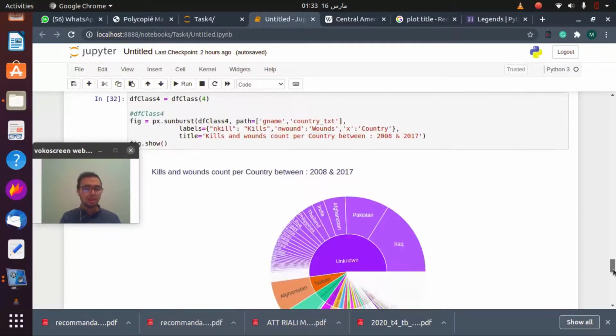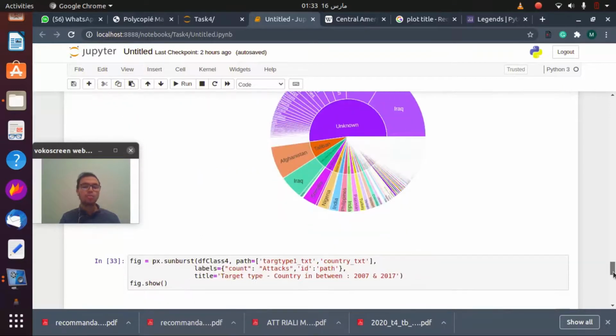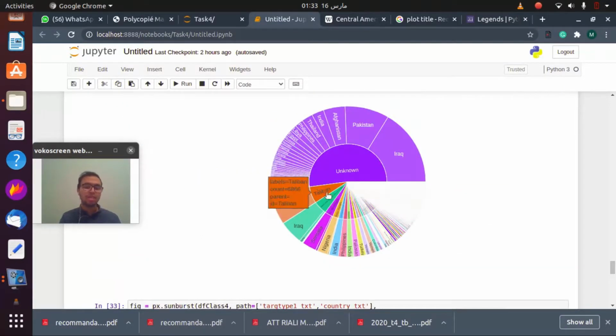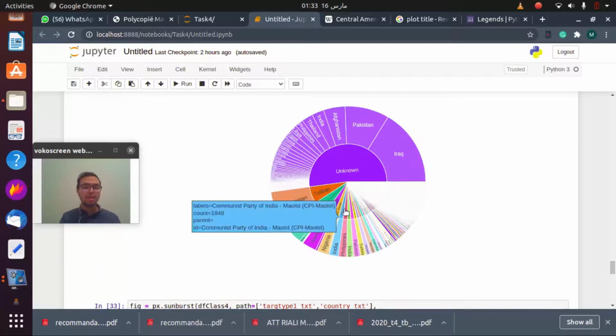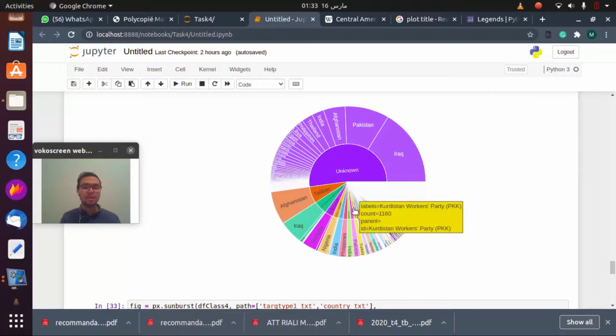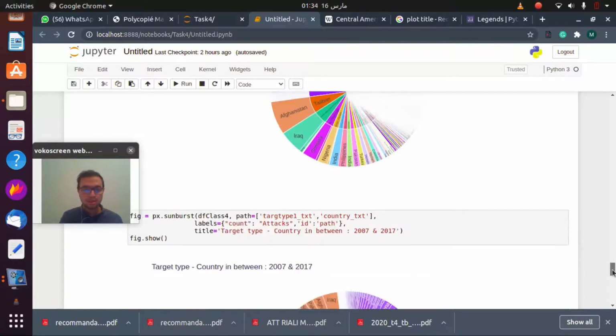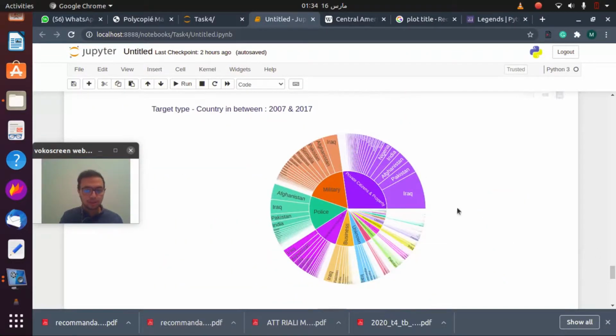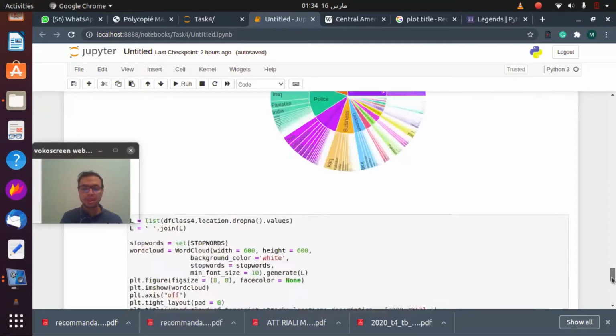So for the fourth class we have almost the same thing. Here the Taliban, ISIL, the CPI Maoists, the Kurdistan Workers Party, PKK in Turkey, etc. Here we have the same pattern, an augmentation in the level of attacks on private citizens and property.